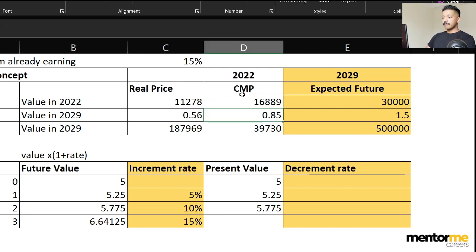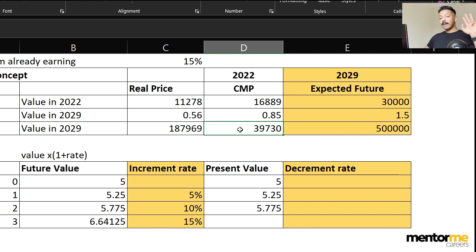In real estate also, you are saying the real price should be much cheaper, and the price today in the market is pretty expensive, so I'm not interested in buying. But in case of Bitcoin, the value is different. With this much expectation of increment, you are saying the real price of Bitcoin today should be about 1,87,969, but it's available cheap.